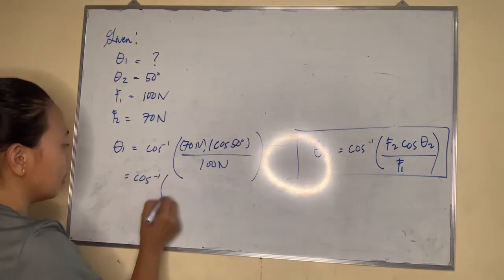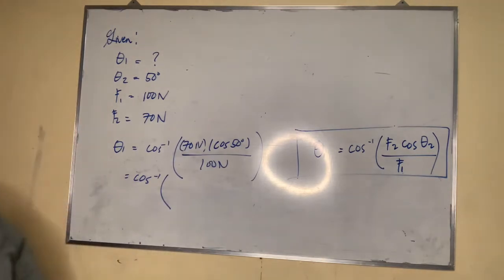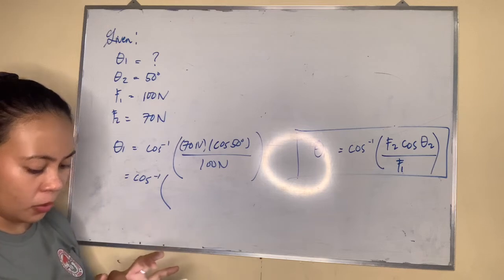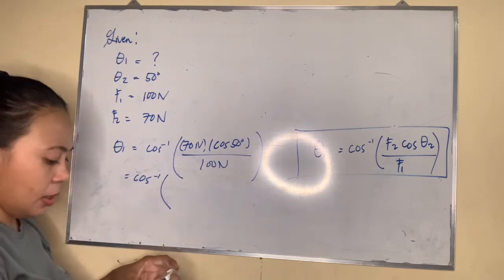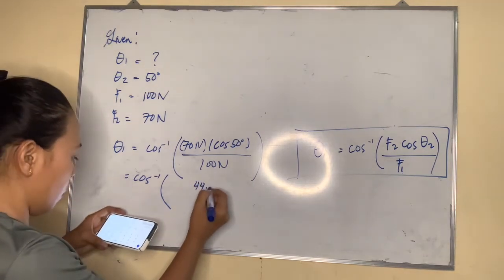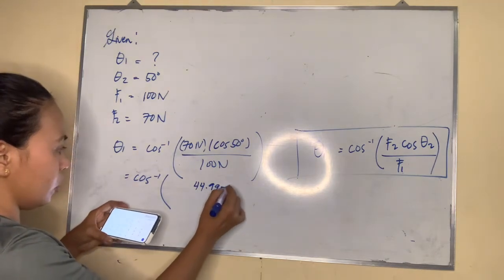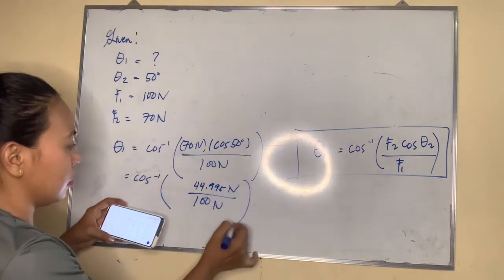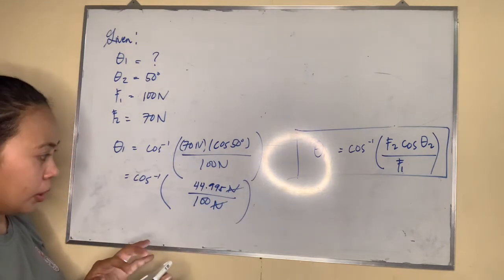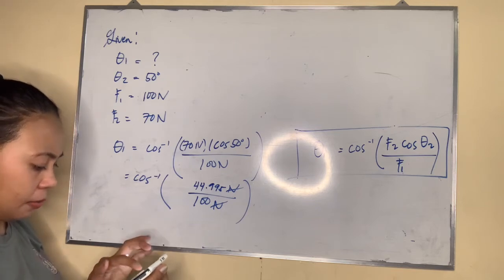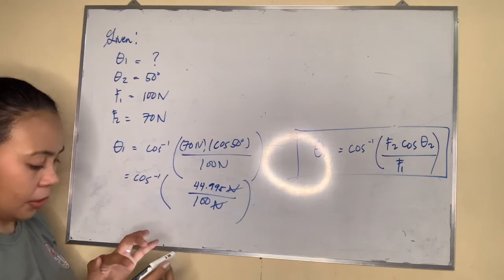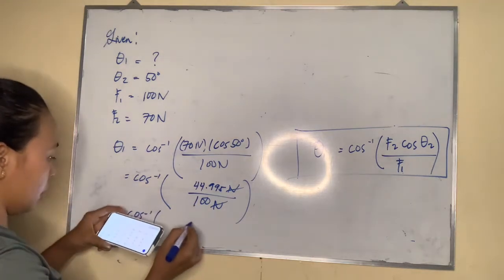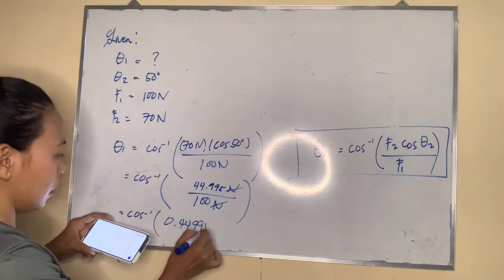On the calculator, 70 times cosine 50 is 44.995 Newton. 44.995 divided by 100 Newton, so the Newton cancels. 44.995 divided by 100 is 0.44995.